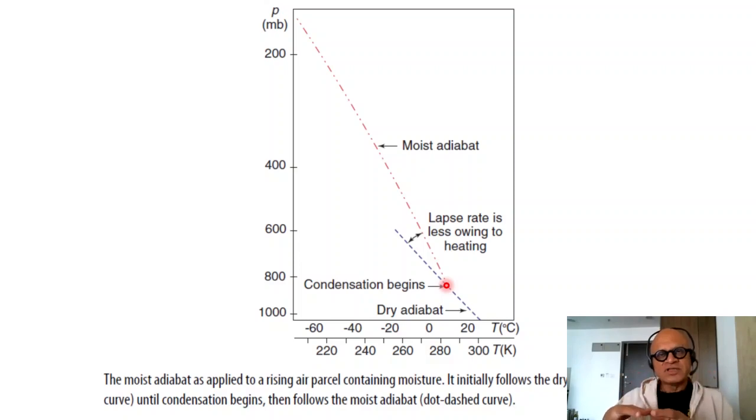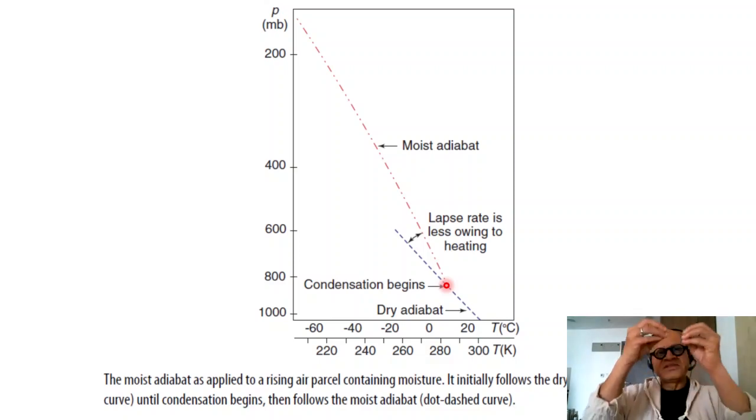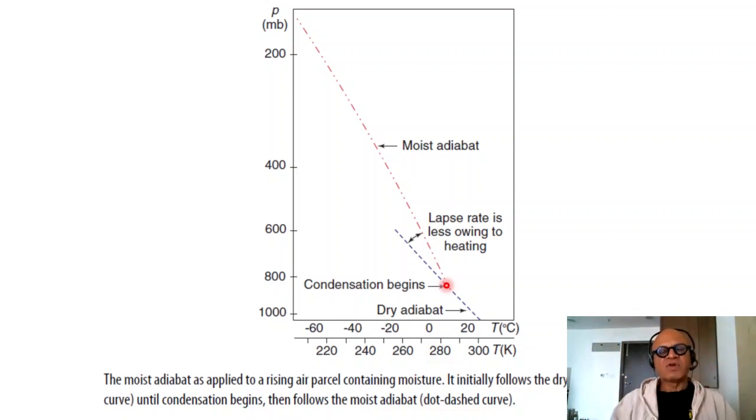So even though it may be rising adiabatically, in the sense that it's moving so fast that it's not mixing with the environment, the lapse rate is lower because the heating due to the condensation makes the temperature drop much more slowly than the dry adiabat.